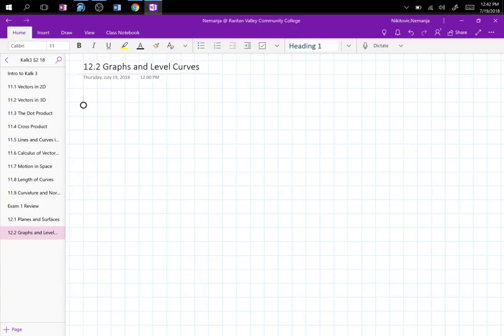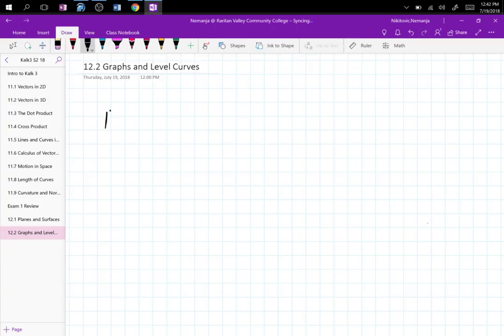So far, what you had in your R2 world is y equals f of x, and you had x and y axes. X was your domain, y was your range, the output, and you had only those two dimensions.